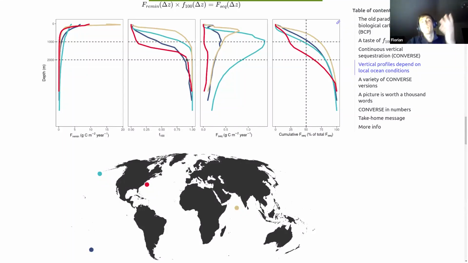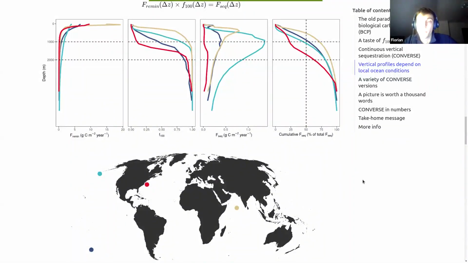And when you multiply this remineralization flux with this F factor, you get the sequestration flux. And you see that maybe it was not so well known, but you can clearly see that the maximum of the sequestration occurs above 2000 meters and sometimes above 100 meters, as for the Arabian Sea.